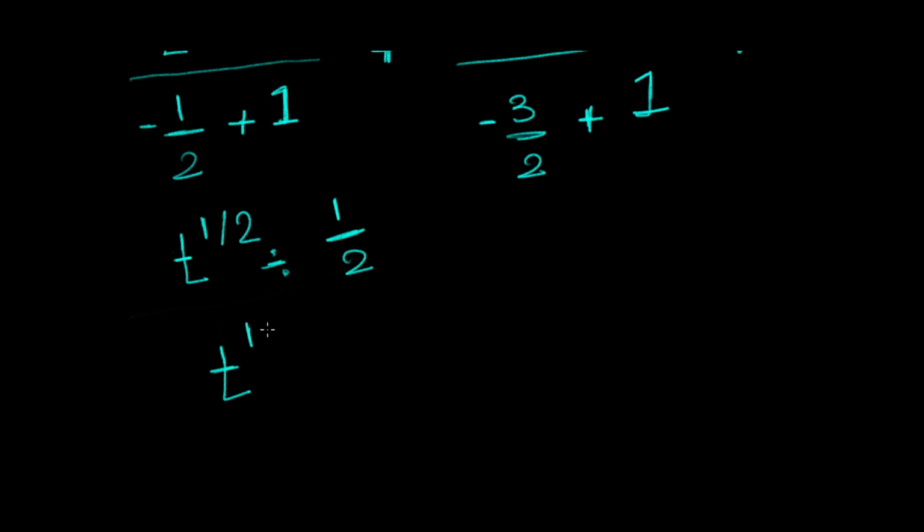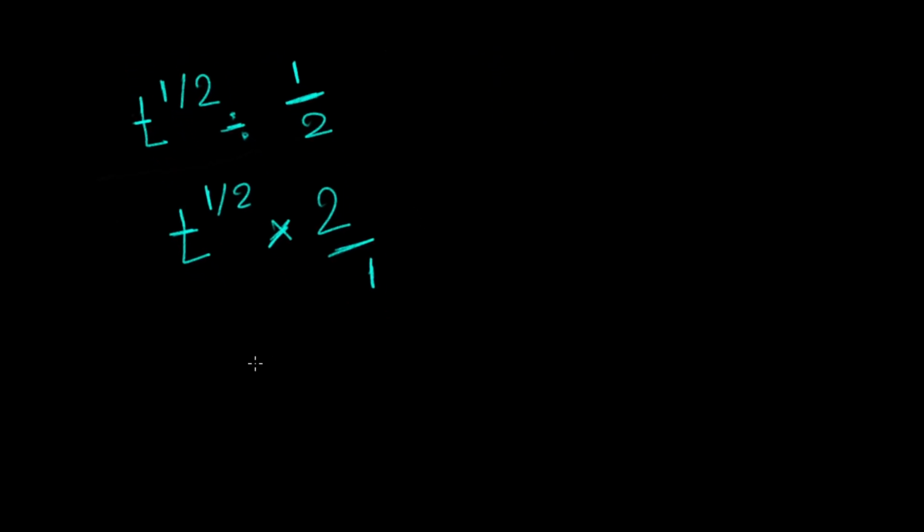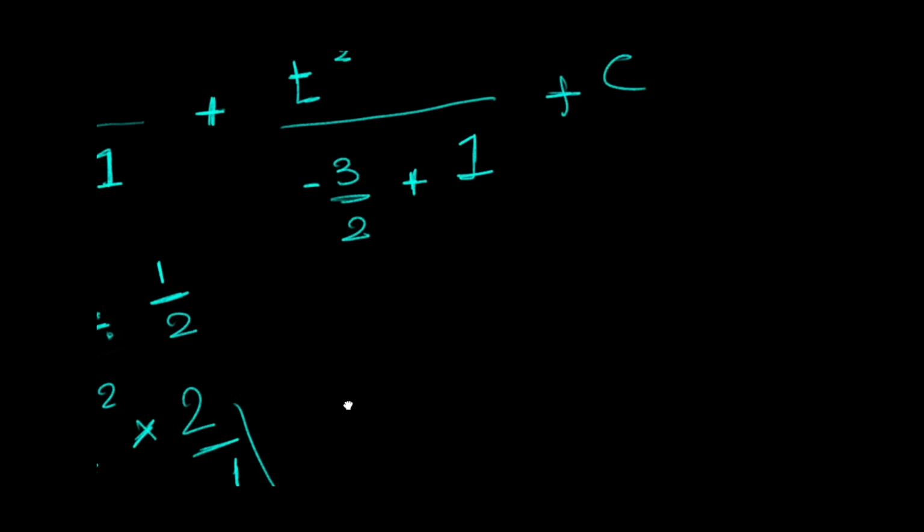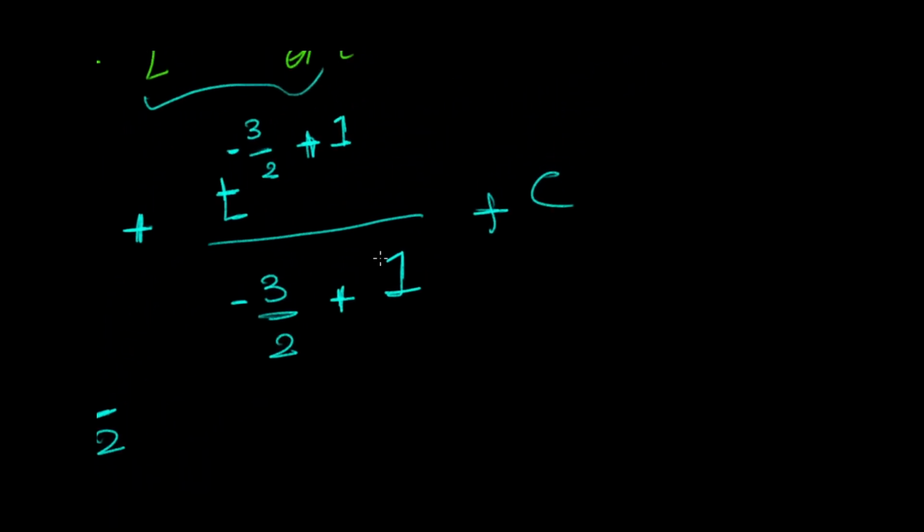So we'll have t to the power of 1 over 2 times 2 over 1, which is also 2 times t to the power of 1 over 2, and we can change the t to the power of 1 over 2 to square root of t, plus, okay, we have finished from this part. Let's continue for this part now.